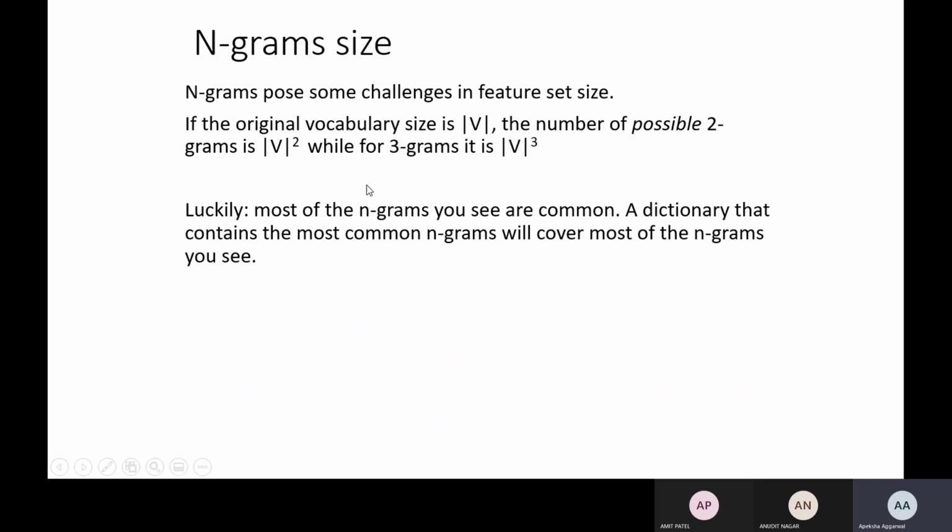Now the disadvantage that we have already discussed: suppose the vocabulary size was V, say 100. Then the number of bigrams would be 100 cross 100, and the number of trigrams would be 100 cross 100 cross 100. So this poses a challenge: the feature set size is increased. If you have a large text corpus, with a very large number of sentences, most of these n-grams would appear.